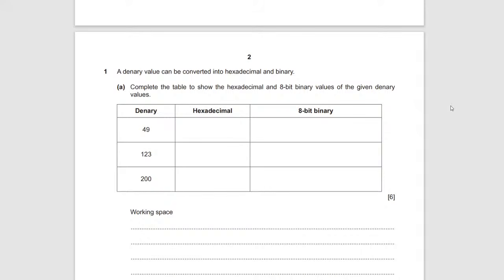Okay, so let's go. First question is on, again, hexadecimal and binary.